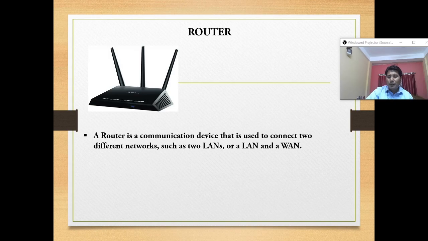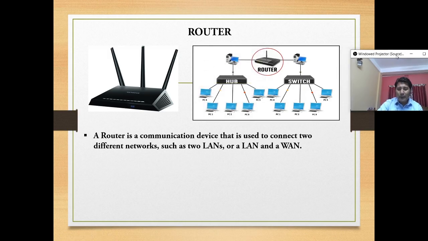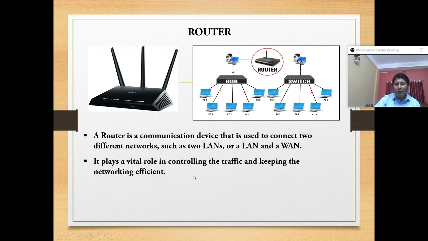So the next one is a router. A router is a communication device that is used to connect two or more networks, such as two different LANs, or maybe a LAN and a WAN. You can see the block diagram of a router here, where it is connecting two different LANs or two different WANs. It plays a vital role in controlling the traffic and keeping the network efficient.